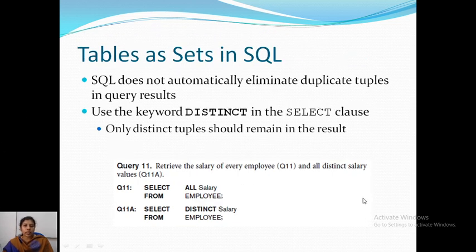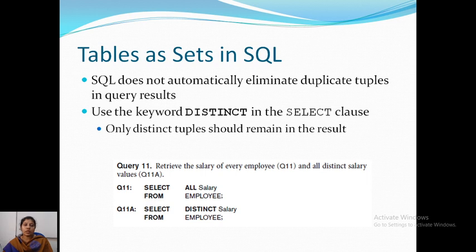Now tables can be considered as sets. That means you can apply set operations. When you are writing queries, as I said, select will not eliminate any duplicate values. By default, it will just display all the values.